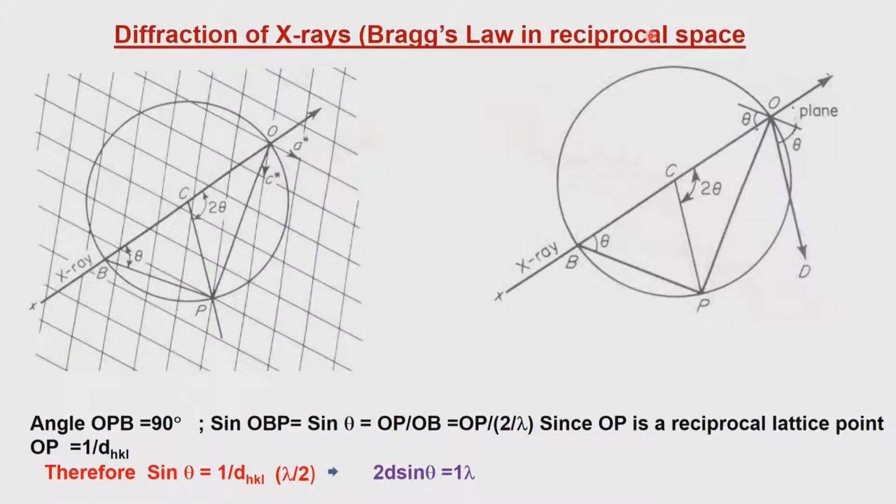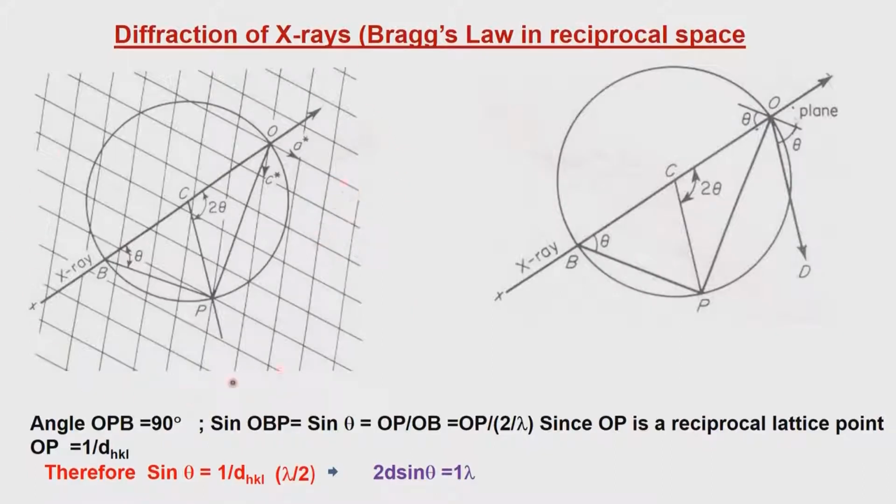Now, as I mentioned again and again, Bragg's law in reciprocal space is more crucial for us because what we record is I versus 2 theta, and from 2 theta we can get information on the reciprocal lattice and eventually the direct lattice.